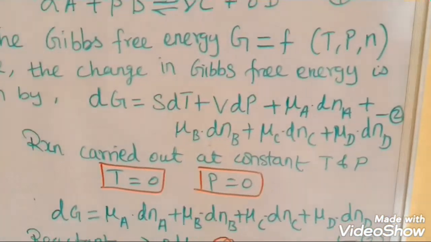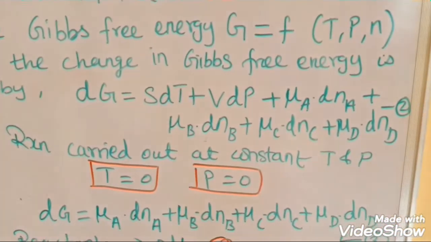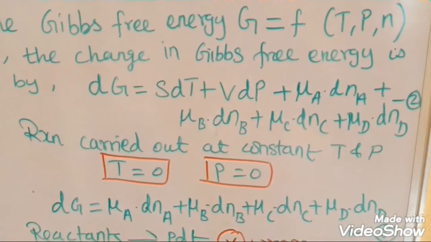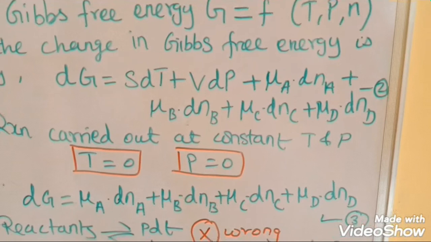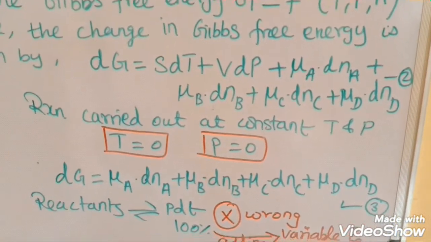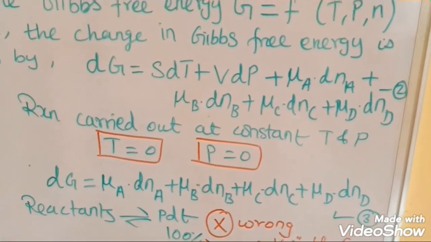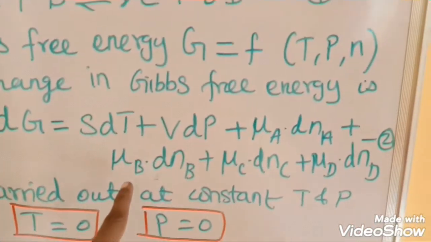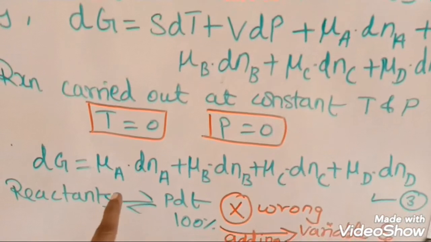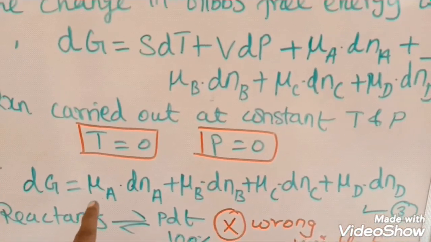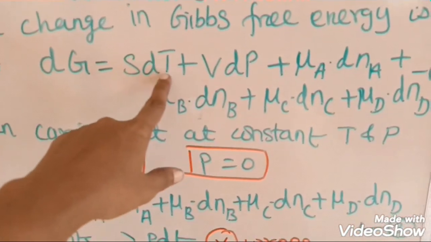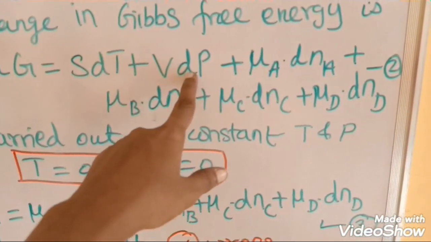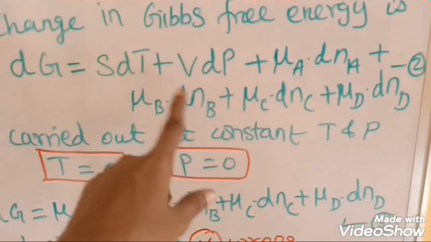Overall, this reaction is carried out at constant temperature and pressure, that is, dT is 0 and dP is 0. So equation 2 changes into equation 3. Here the dT value is 0, so this whole term is 0. The dP value is 0, so this term is also 0.